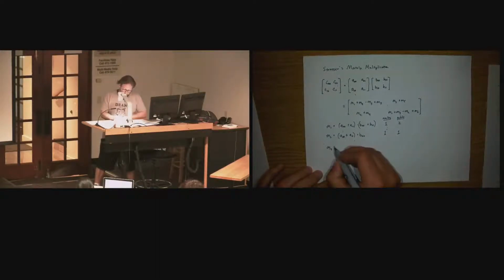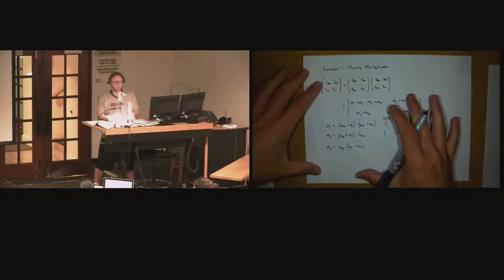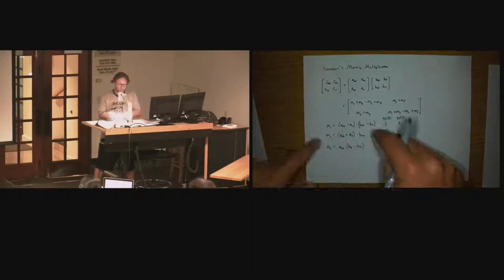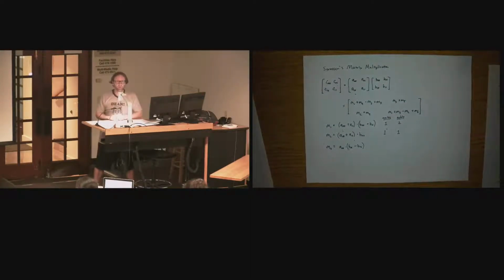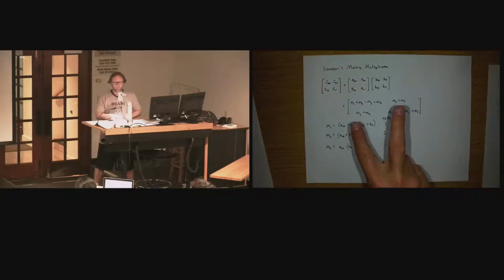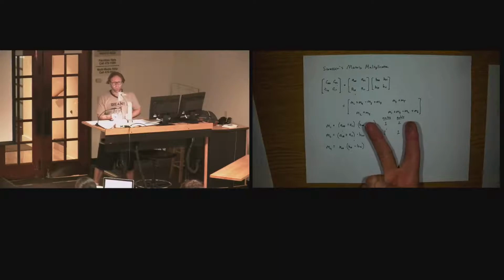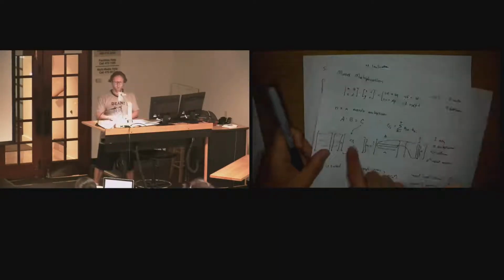M3 is going to be equal to A00, and the order here does matter, times B01 minus B11. Now if this were truly just a 2 by 2 matrix here, I could go ahead and reverse these because multiplication of regular scalar values is commutative, A times B is equal to B times A. But is that true for any old matrix?